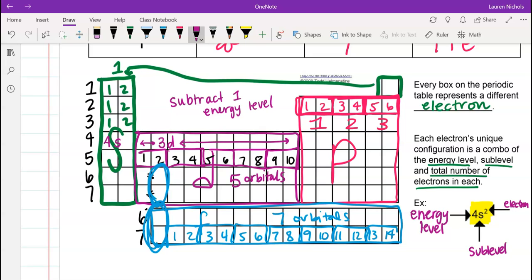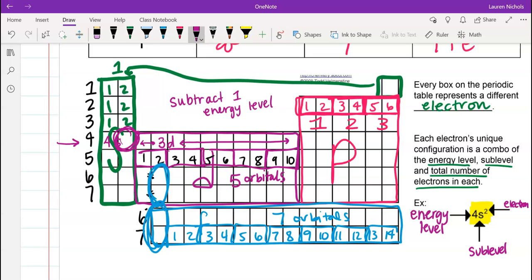So 4s2 would mean we look at the 4th row, the s block, and the second electron. Whichever element is there, that is its electron configuration. Well, its ending electron configuration.